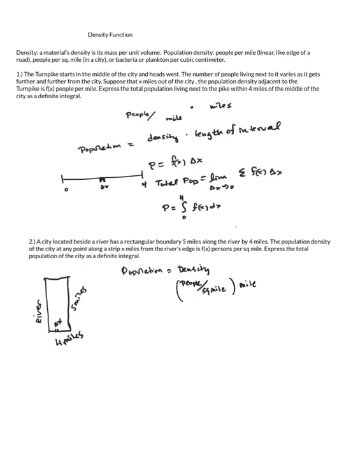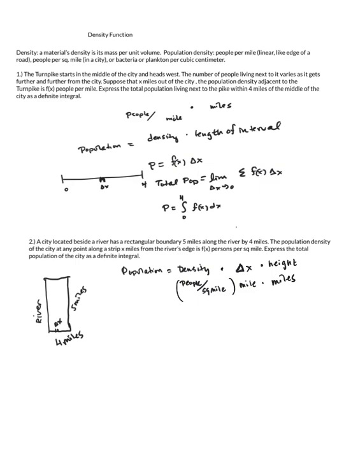So we have density times delta x. Let me just move that delta x up. Times the height, which is going to be miles again. So you can see that the square miles cancels out with the miles, and you just end up with people.